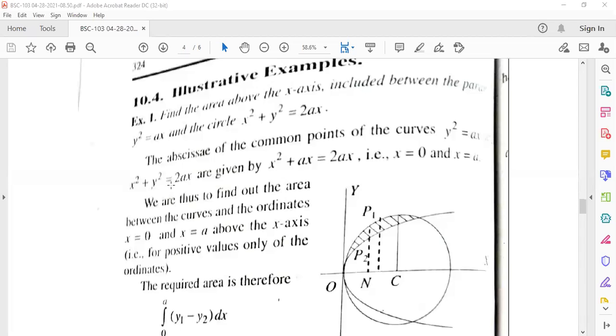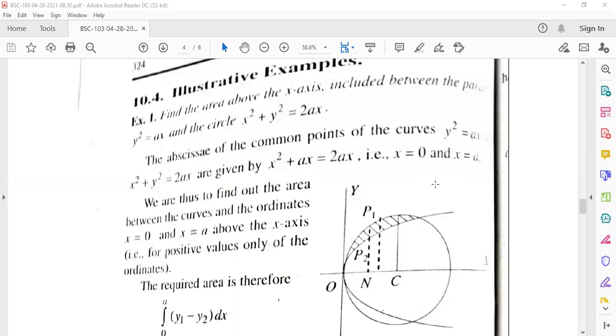So instead of this y square, we put 2x minus x square, and that is given here as 2x minus x square equal to ax. After calculation we get x square minus ax is equal to 0. If we take x common, then x into x minus a equal to 0. So from here we got two parts: one is x equal to 0, another is x equal to a.